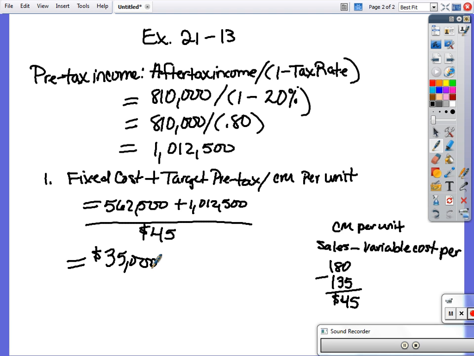Okay. So the second part, they're asking us to compute the dollar sales to earn the target after-tax net income. What is the dollar sales at target income equation? Fixed cost plus pre-tax income.